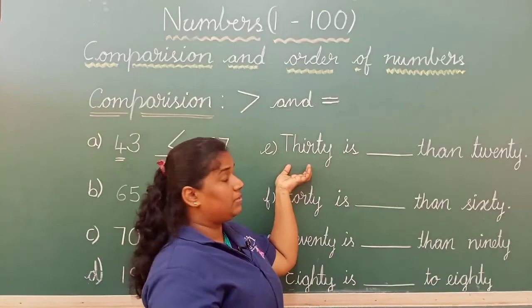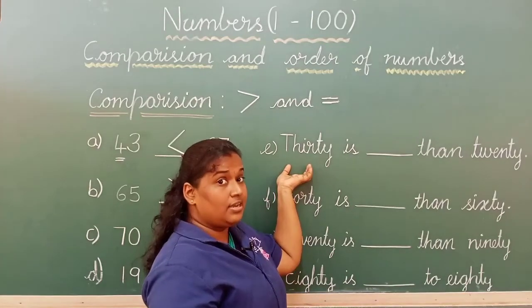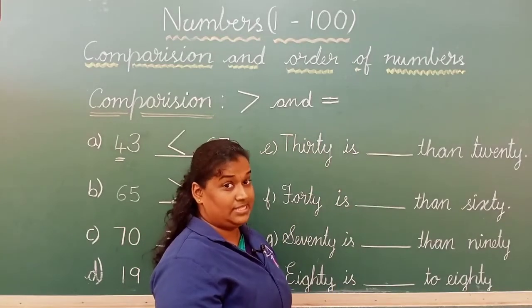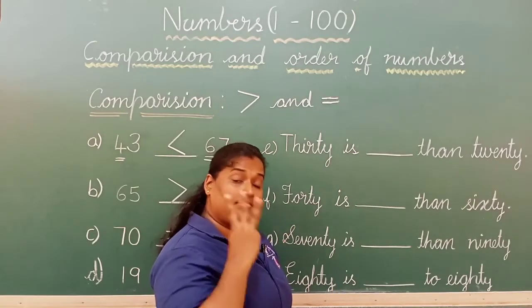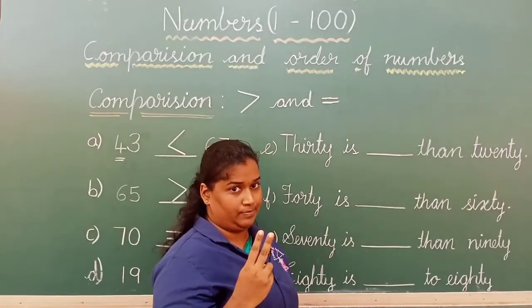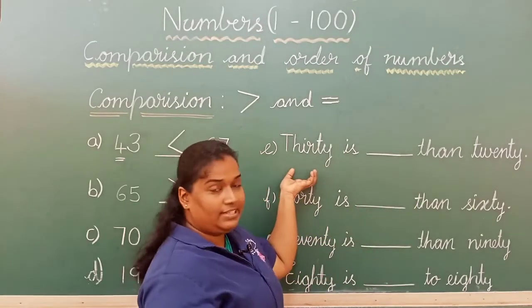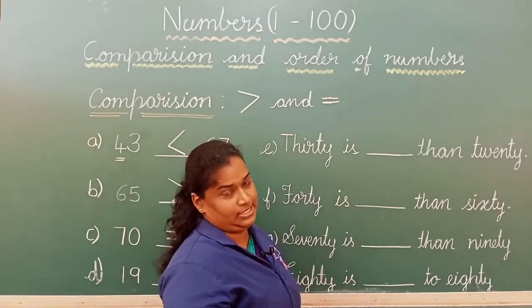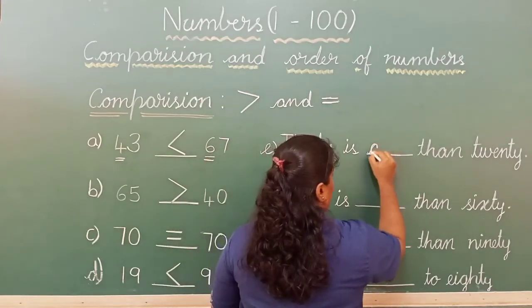Is 30 greater or smaller than 20? Yes, in 30 we have 3 tens, whereas in 20 we have 2 tens. So obviously 3 tens, 30 is greater than 20. So let us write greater than.